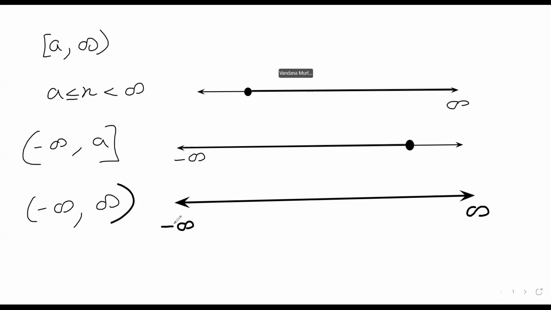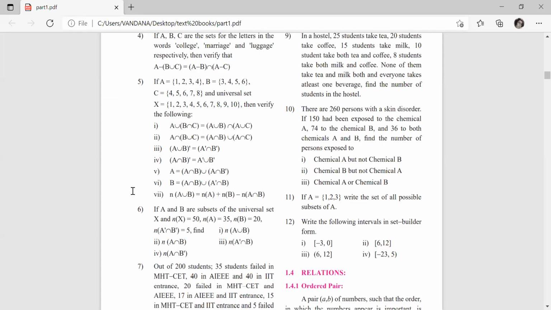So these are all the intervals that we were talking about. Now let us talk about the sum number 12. Sum number 12, this is closed interval. This is closed, semi-open, semi-closed. So you can definitely write down this.